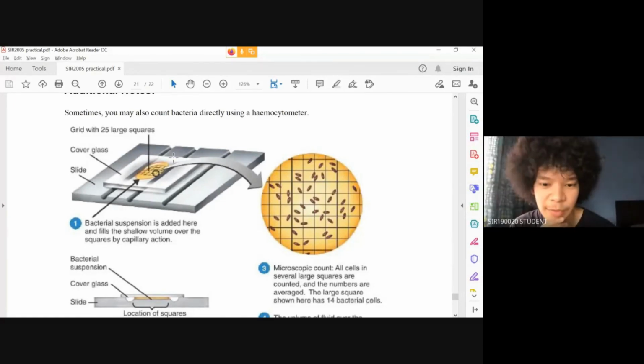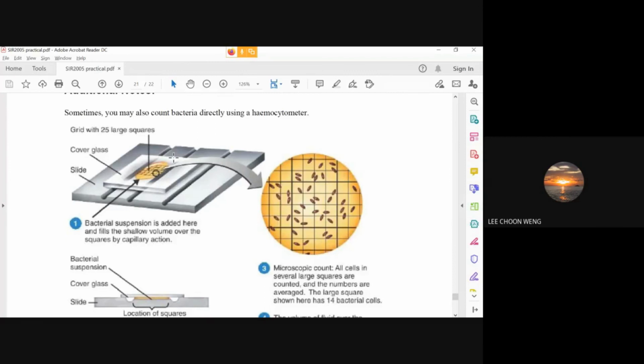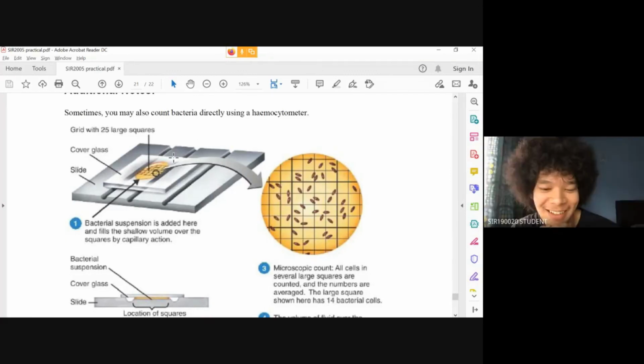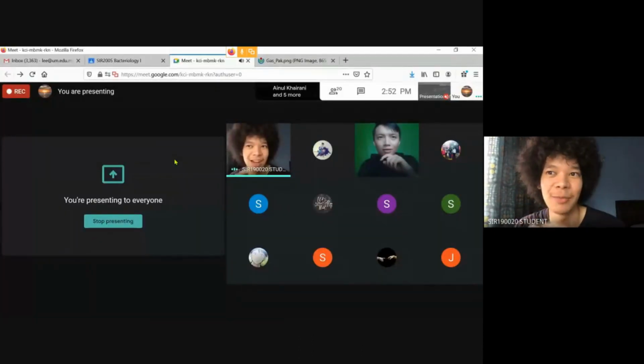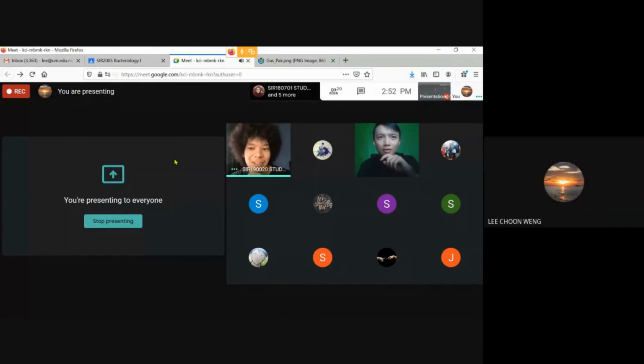Anyone? Are they like estimates? Like the other ones, you count them one by one. Right. They're not growing. The others, you need them to grow. But this one, you're counting them directly. Okay, so that's the tip.